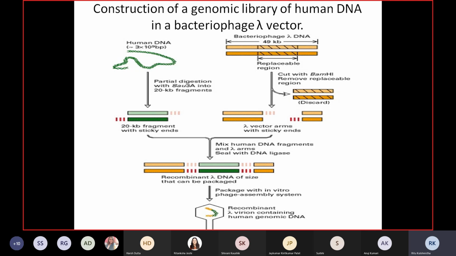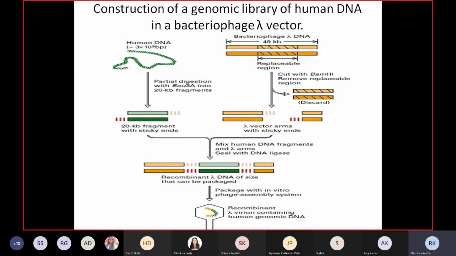One question could be why I did not cut the human DNA with BamH1 itself, because then also it will have compatible ends and I will get my gene of interest ligated into the vector. Generally when you make DNA for a genomic library, you want random cuts throughout the genome. If the recognition site is bigger, then the number of sites throughout the genome will be comparatively less. So we go for a shorter recognition site.